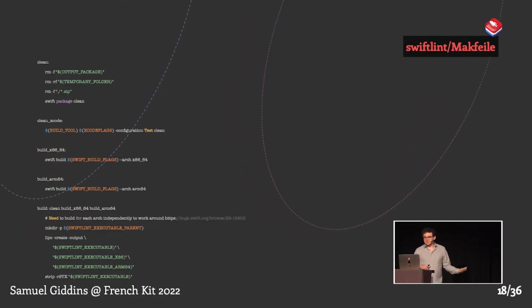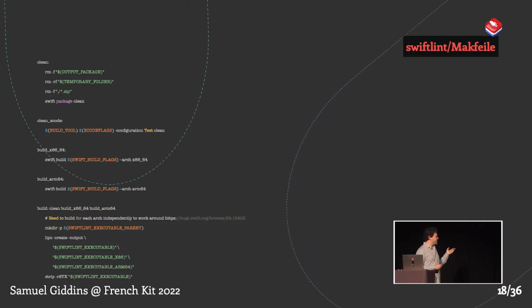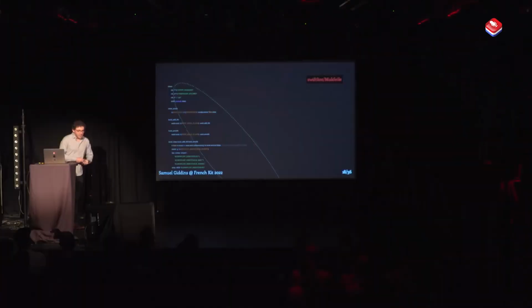Make also has dependencies. So these are the things that come after the colon. So we can see that when you build, that depends on clean, and it depends on build x86-64 and build ARM64. And it also has actions. So for example, when we build ARM64, we run Swift build.